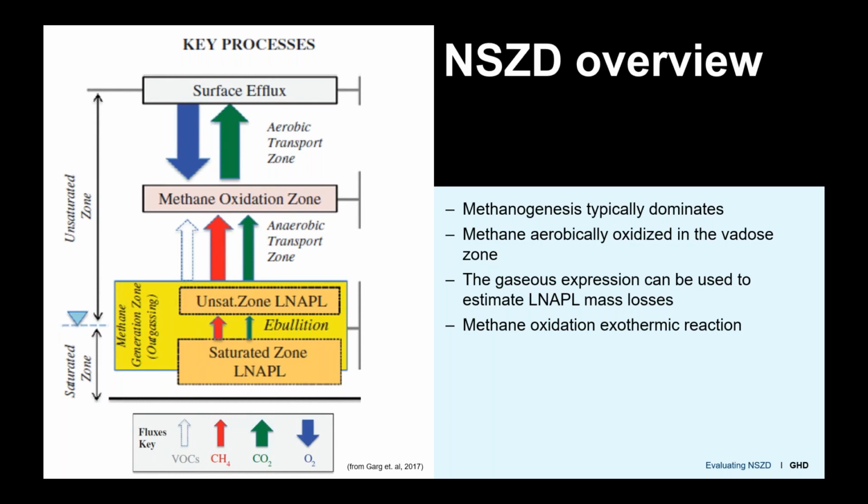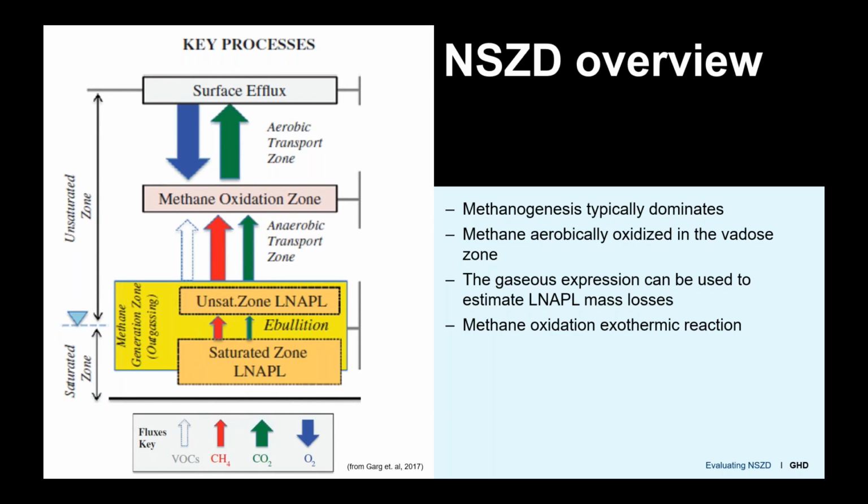They migrate upward into the vadose zone, and this is the area of methane oxidation. This zone is the one that's going to be important for the rest of this presentation, looking at the biogenic heat method: that methane oxidation zone in the vadose zone.